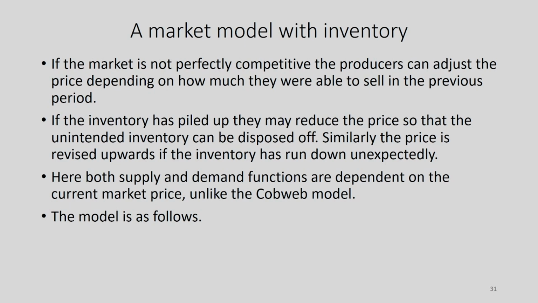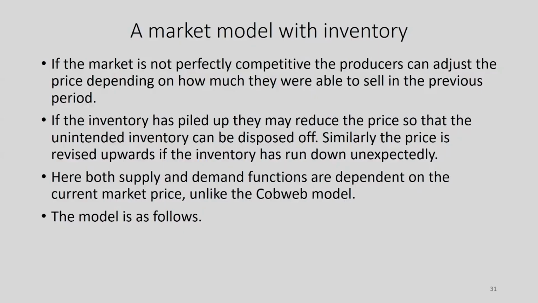Here it is possible that there is some excess demand or excess supply in the market and that affects the inventory of the producers, and because of this inventory and change of this inventory, the producers might change their prices in the next period. In particular, as you can see on your screen, the second point that I have written here, if the inventory has piled up, they may reduce the price so that the unintended inventory can be disposed of.